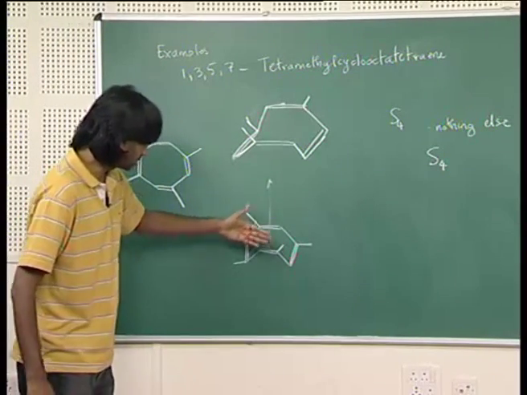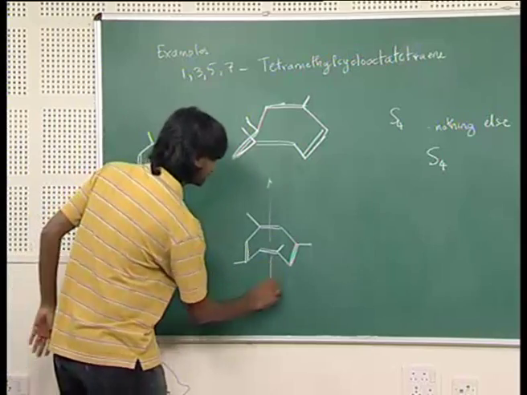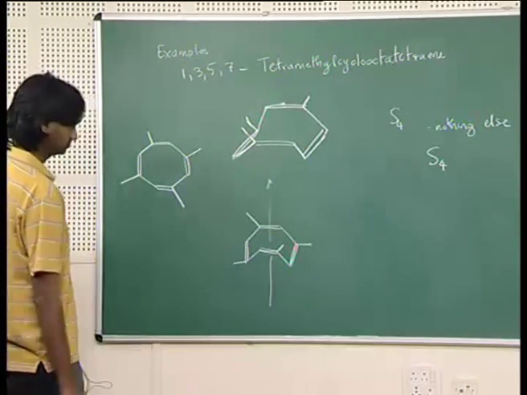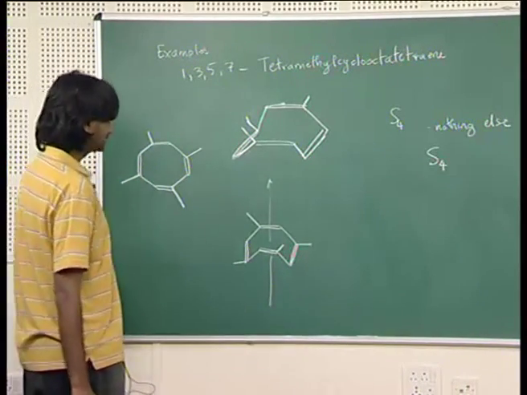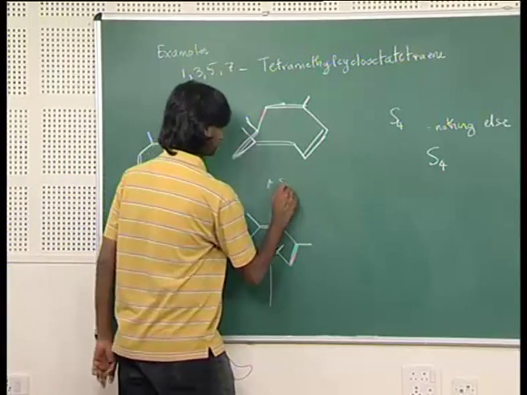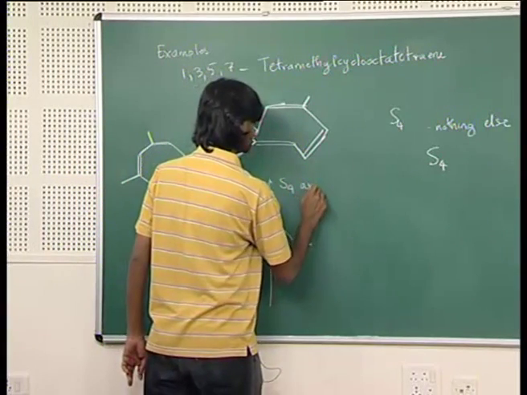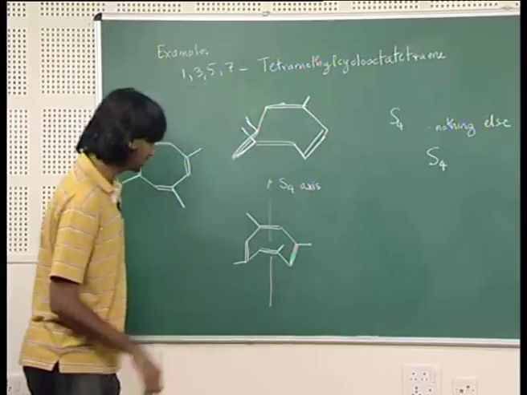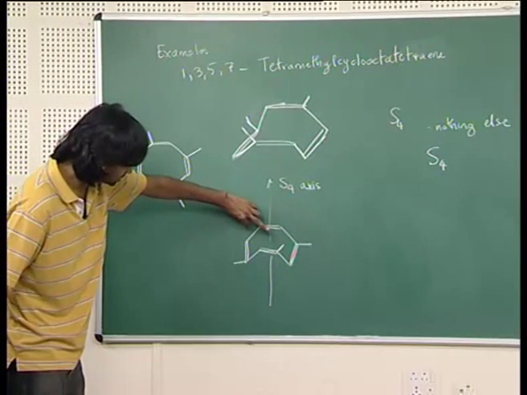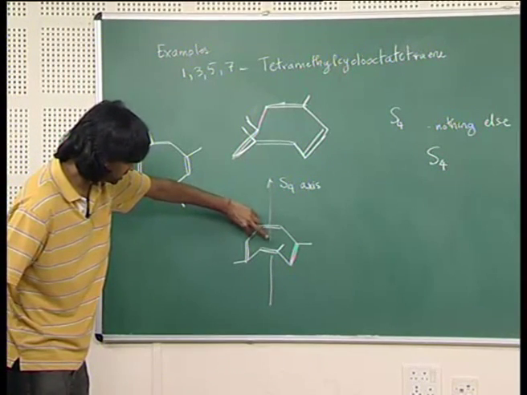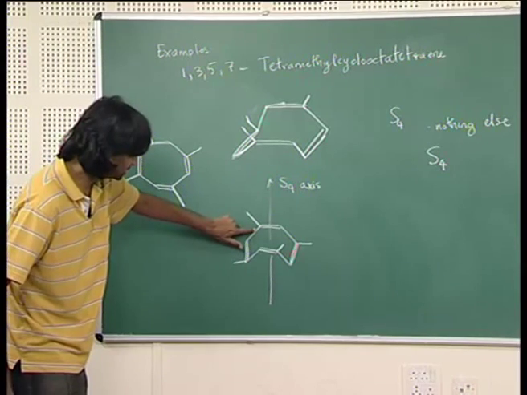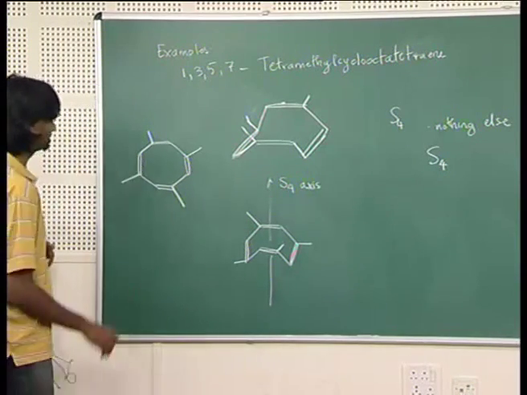Okay. So, just this axis, this axis is an S4 axis. Okay. It is S4 because if you rotate it once, then I mean you can see it from here.